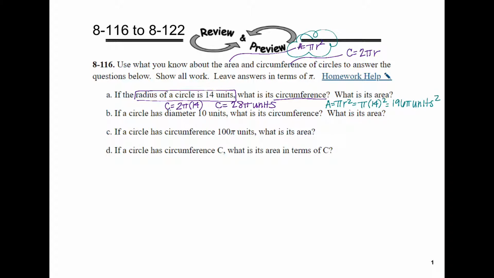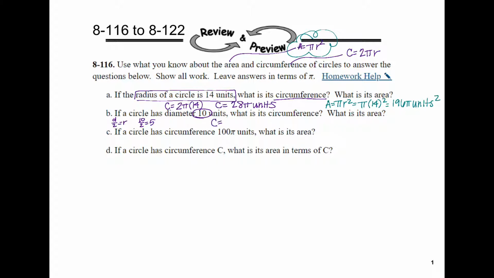If a circle has a diameter of 10, what is the circumference? If the diameter is 10, I know that the radius is half of the diameter. So diameter divided by 2 equals my radius. So 10 divided by 2 equals 5.